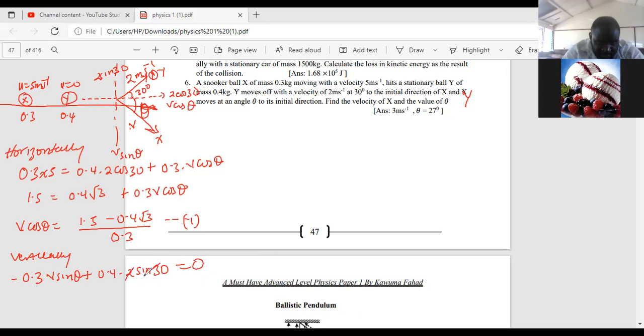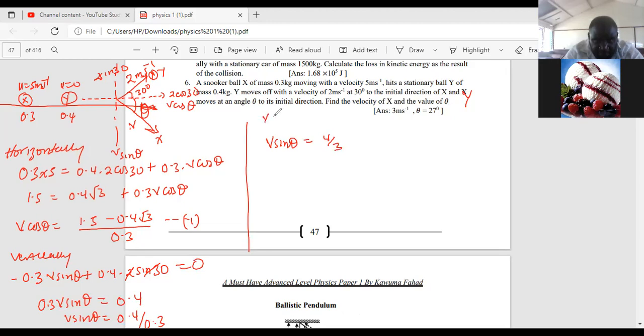So these 2 divide with a sine 30. So 0.3 V sine theta is equal to 0.4. V sine theta is 0.4 over 0.3. Therefore, V sine theta is equal to 4 out of 3.